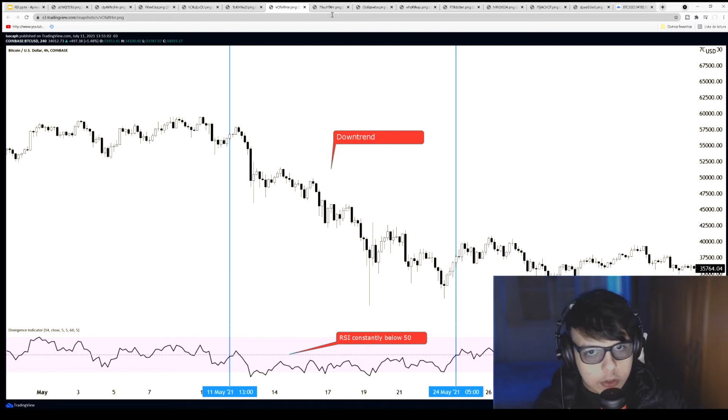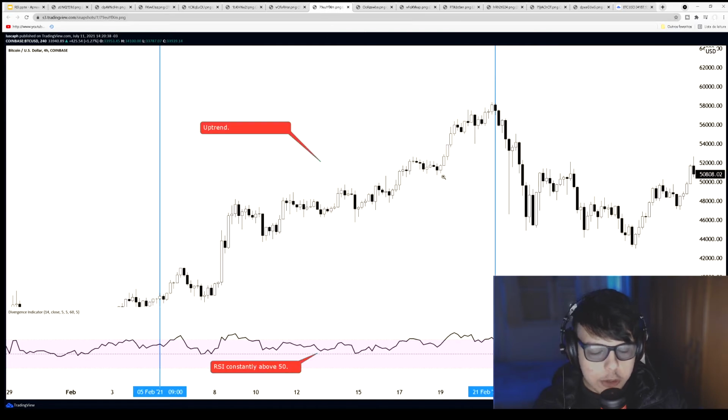On the other hand, we have bullish periods. If you take a look at this chart here, we have a clear uptrend on the price. The price is moving up. And if you take a look at the RSI down here, the RSI is constantly above the 50 line.